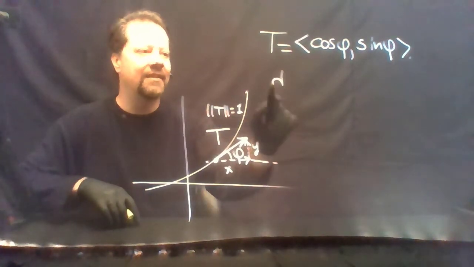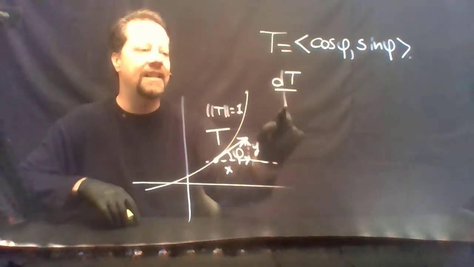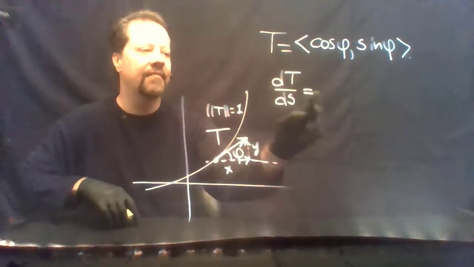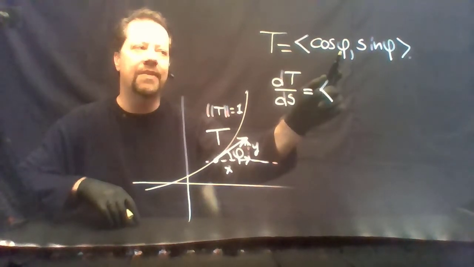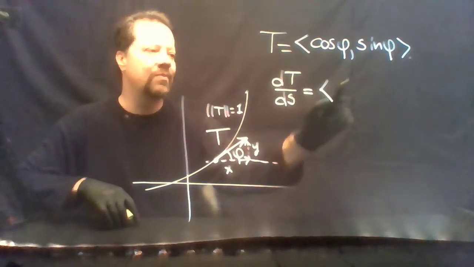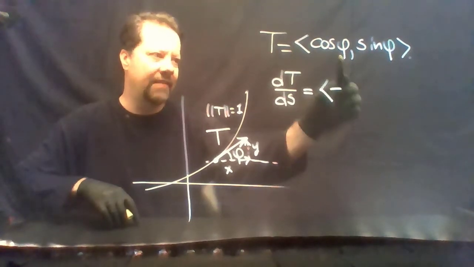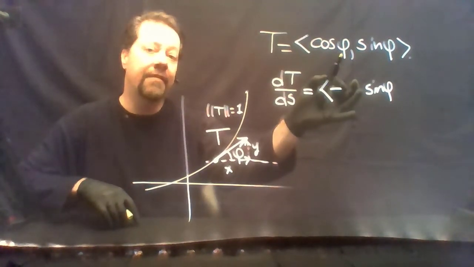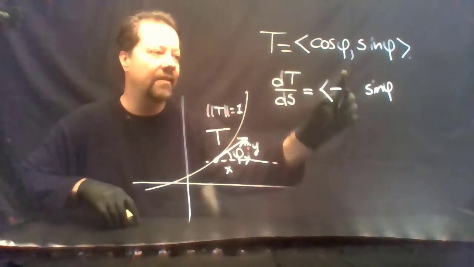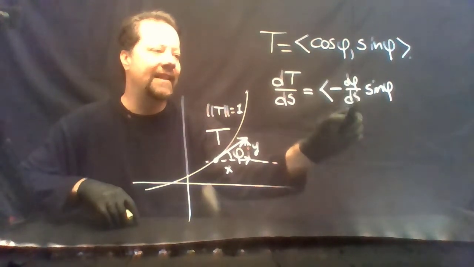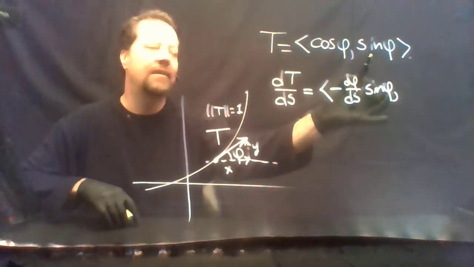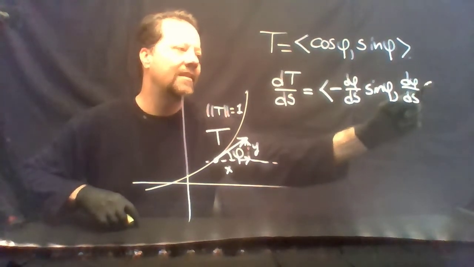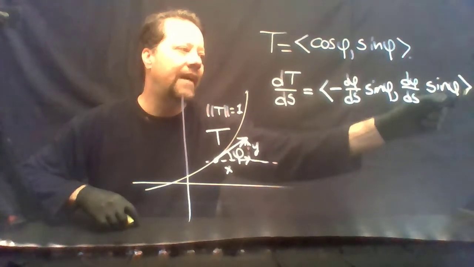Now, check this out. If we calculate the derivative of T with respect to arc length, the derivative of cosine phi with respect to arc length s will be negative sine phi times the derivative of phi. We must use the chain rule here. That's d phi ds, comma. And in the second coordinate, we'll have a positive d phi ds times the sine of phi.